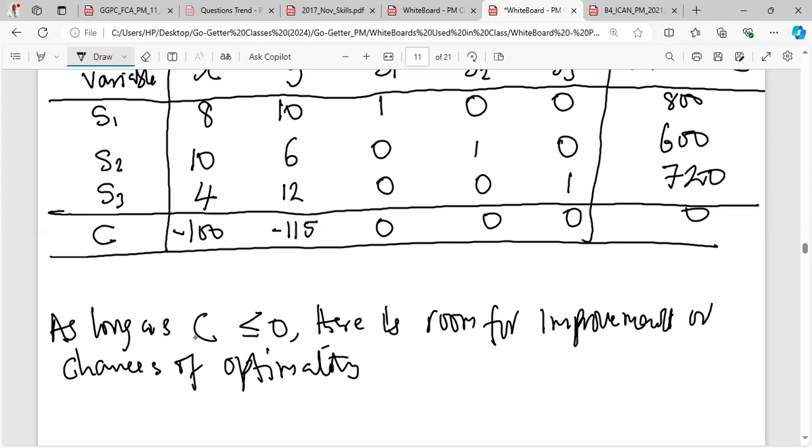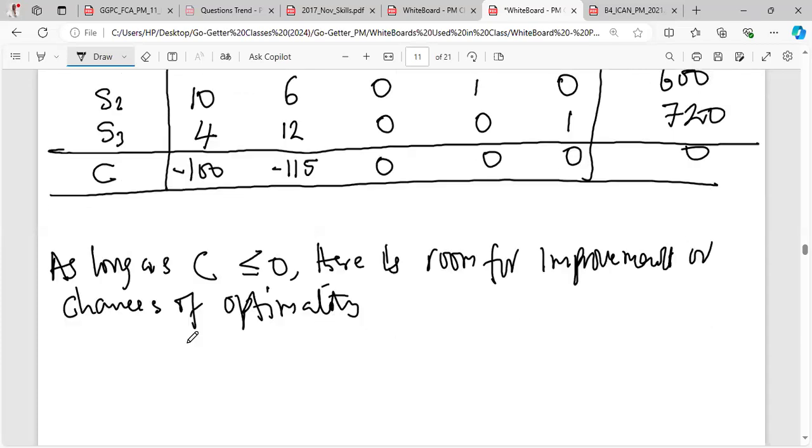There is a rule for creating the new table. First, we need to know something called the key column, or they call it the pivot column.